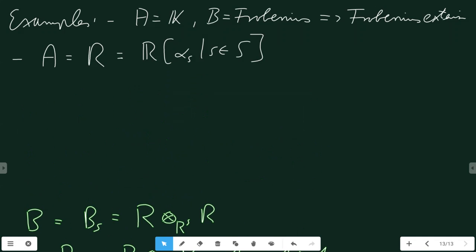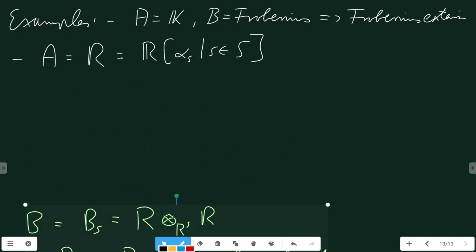There's actually a nicer, easier one. I take B to be R and A to be R^S. So symmetric polynomials, this was S symmetric polynomials.